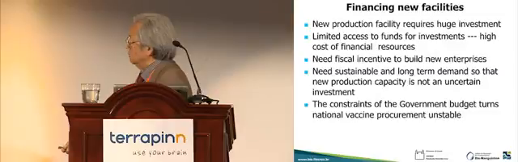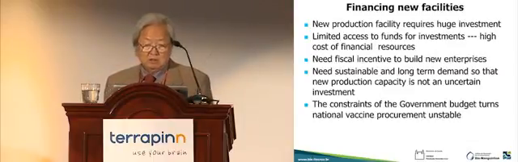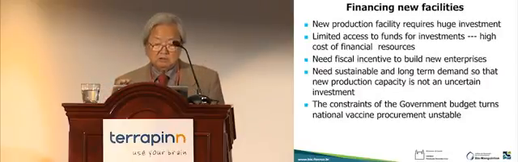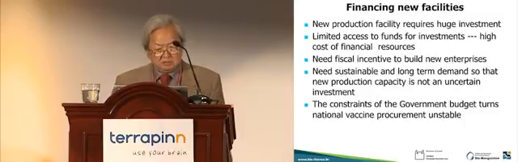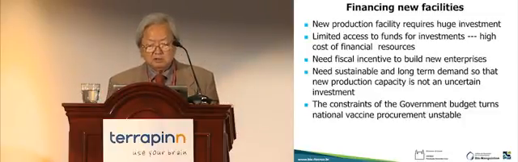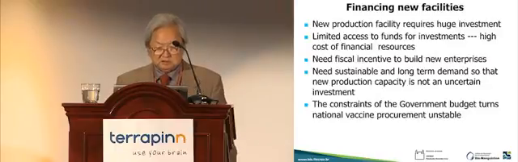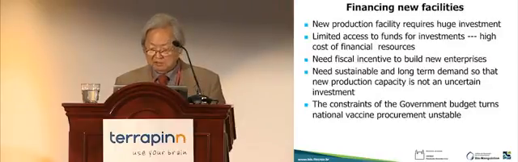And some of the other things we are looking for are fiscal incentives and a policy that establishes long-term demand so that new production capacity is not an uncertain investment. And sometimes the constraint of the government budget makes national vaccine procurement unstable.